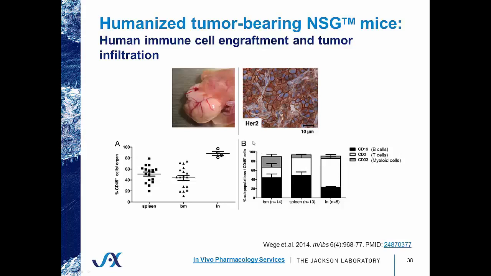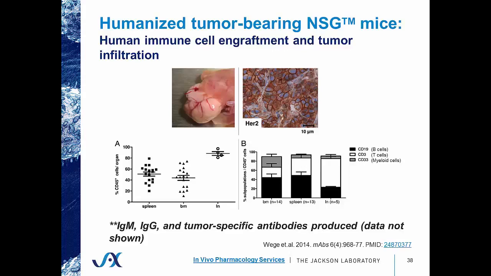They also looked at B cells, T cells, and myeloid populations in all of these organs, and were able to demonstrate these different subpopulations. They also measured antibody production. They looked at IgM, IgG, as well as tumor-specific antibodies, and were able to observe these different populations.